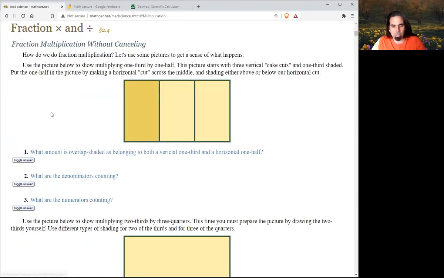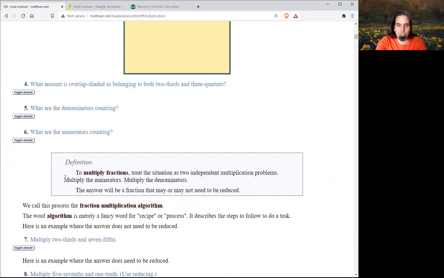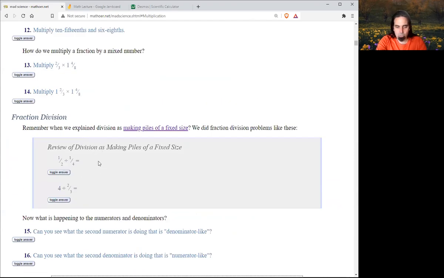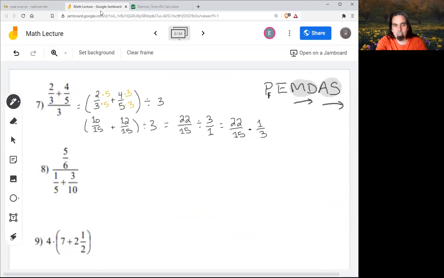When we talked about fraction division, then we go into this thing about making piles of equal size and ripping up papers and things, and it's something you could understand, but if you just want to memorize it, that's fine too. So 22 times 1 is 22, 15 times 3 is 45, and we're done. Questions on number 7?